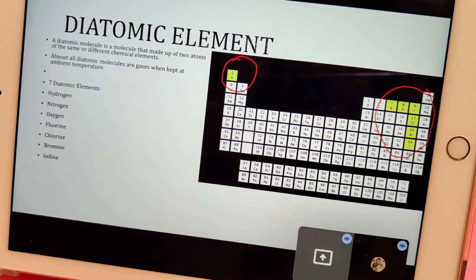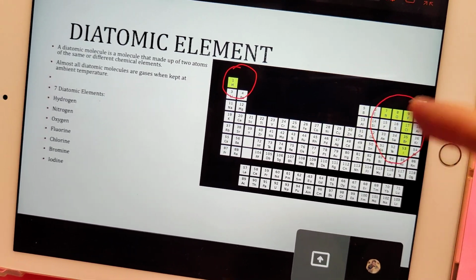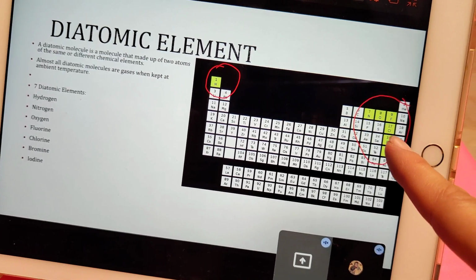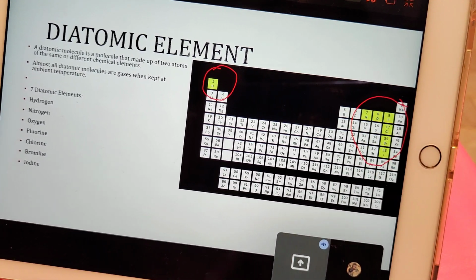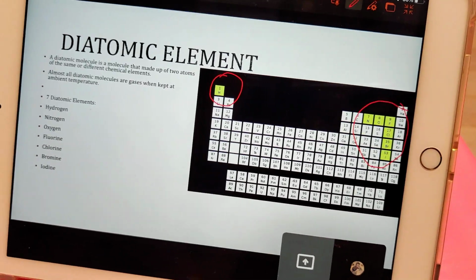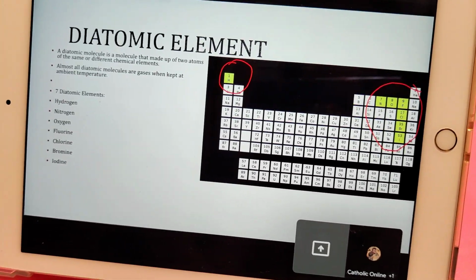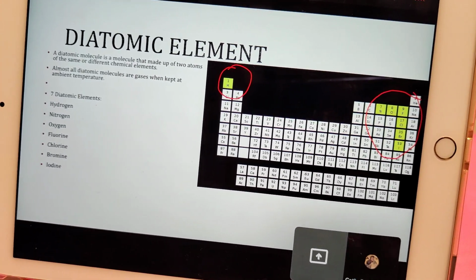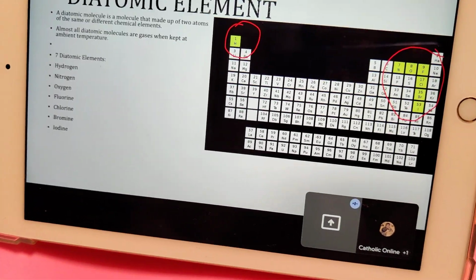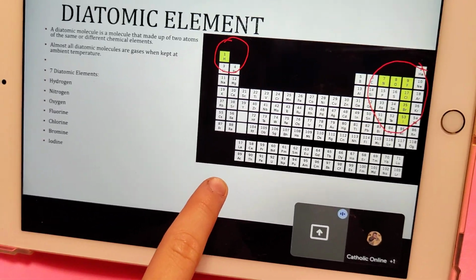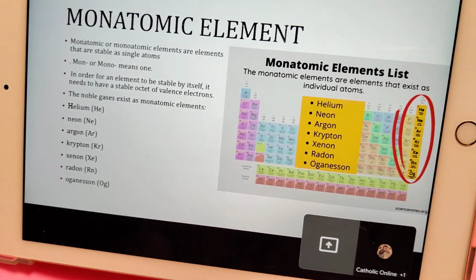They exist as H2, N2, O2, F2, chlorine 2, bromine 2, iodine 2. They are two atoms together. They don't exist as just one hydrogen. That's why they're called diatomic elements. Remember them, there's just 7 of them.